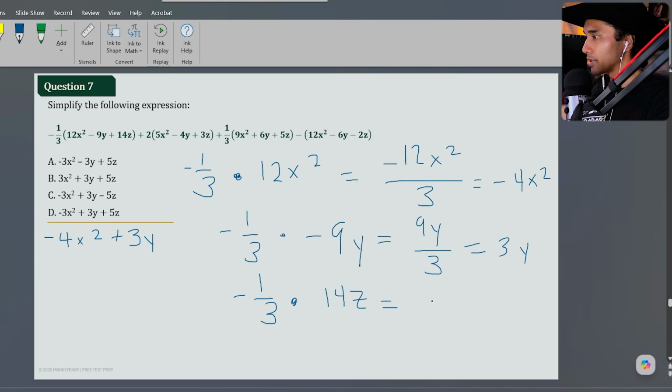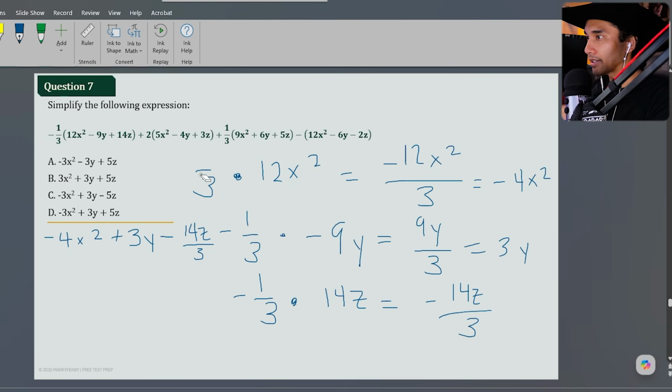And this equals negative 14z over 3. And one could be panicking right now because they see this fraction. But not you, because you practice with Markyfbaby. Okay, so we're going to just write that out like that.